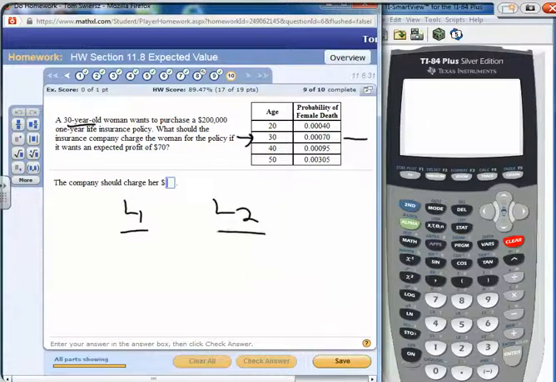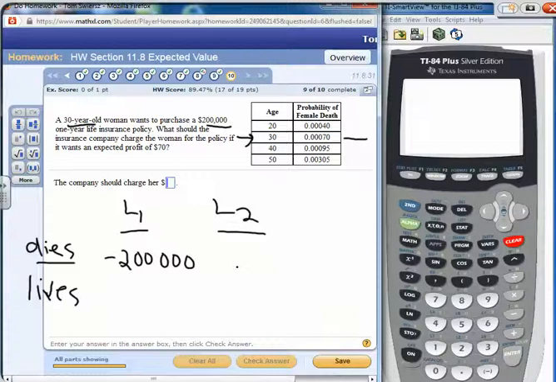Now, again, if the person either dies or lives, the insurance company, if the person dies, is going to have to pay out $200,000. That's what she's purchasing. So if she dies, they would have to pay out $200,000. Now the probability that she dies is 0.00070.